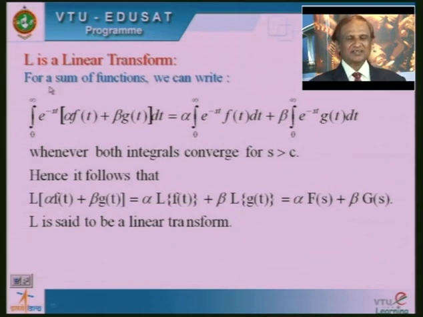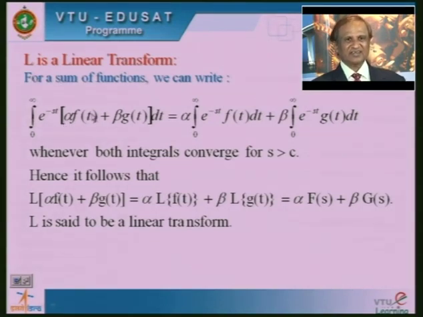Is it clear? Right. Suppose you have a function containing 2 terms or more than 2 terms, how do we find the Laplace transform of 2 terms or more than 2 terms? Is it clear? Right. So we can find the Laplace transform of 2 terms or more than 2 terms by using the property, namely the linearity property.